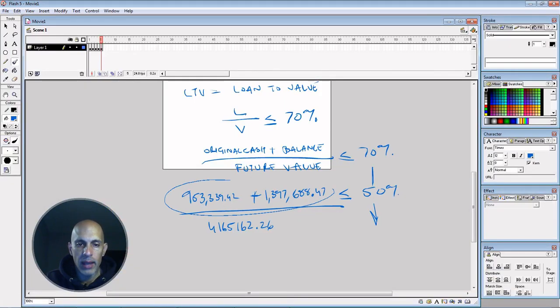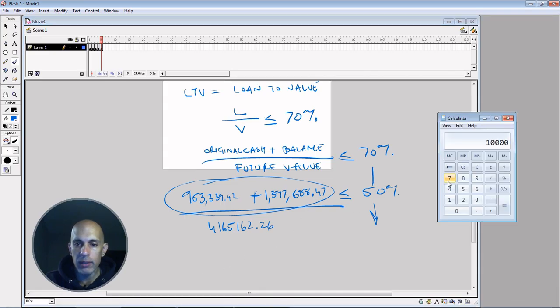So we're going to add these together, divide by that, and hopefully it is less than 70%. $953,339.42 plus $1,397,688.47. That's about 2.35 million, and we're going to divide that.